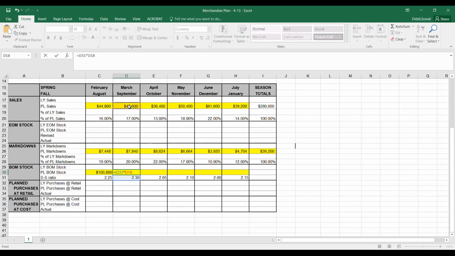Can you click on that square again just so we can see the equation? Which square? Okay. This one? Is that what you were saying? So it's stock to sales ratio times your planned monthly sales for that same month. Okay. What we just did in our individual problems.